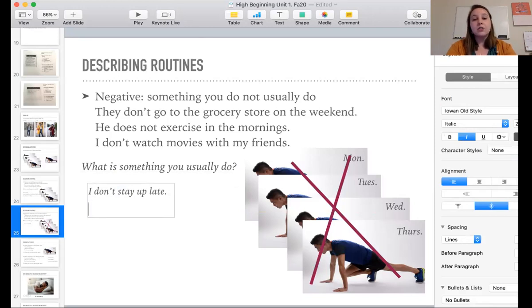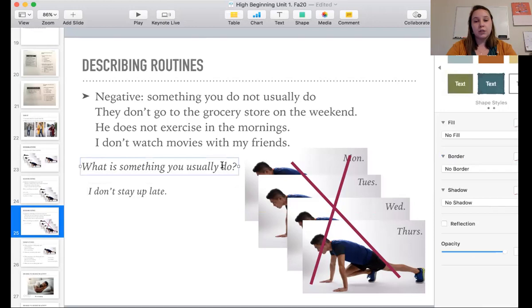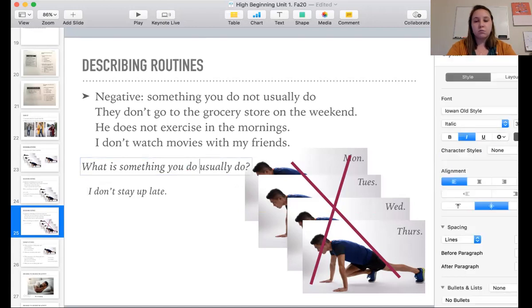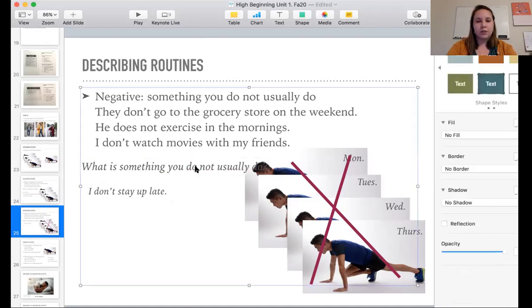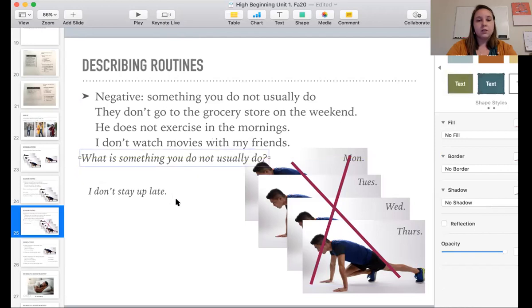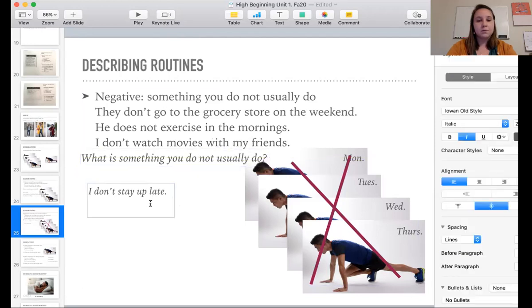What is something else you don't usually do? You could say, I don't usually exercise in the morning. Maybe you exercise at night, or maybe you don't have time to exercise right now, but you don't exercise in the morning.